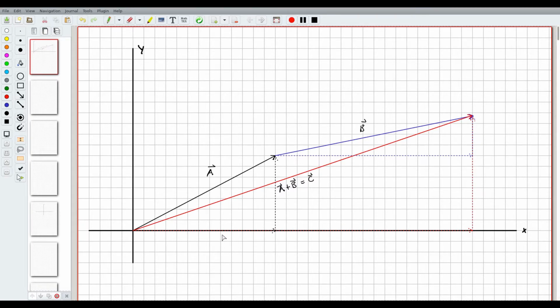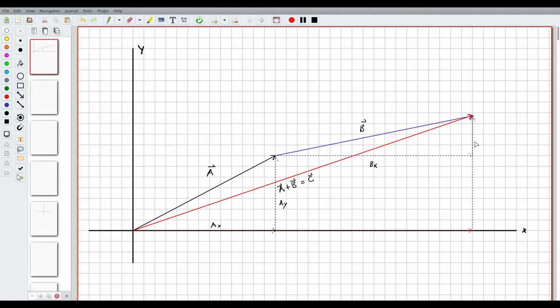This piece right here along the x-axis up to this point would be AX. And this piece right here would be AY. Looking at B here, this piece right here would be BX.